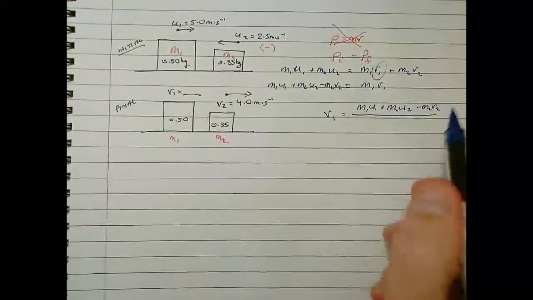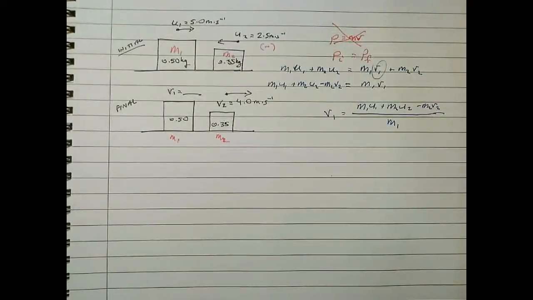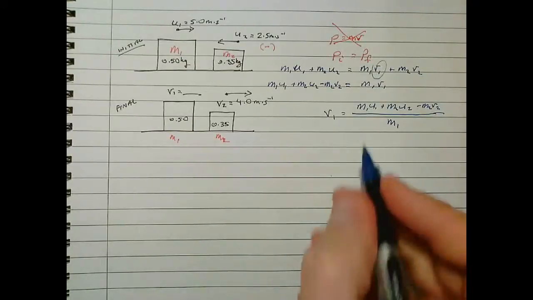So that is all being divided by our mass of object 1. If you'd like a challenge, this will be a very good time to pause the video and substitute and solve yourself. Otherwise, continue watching.